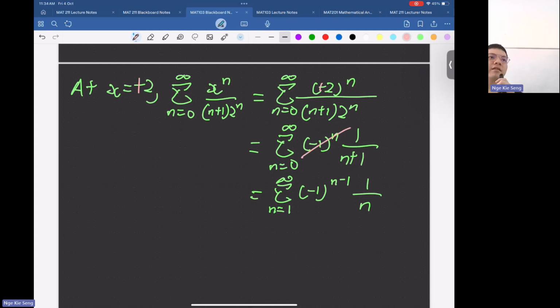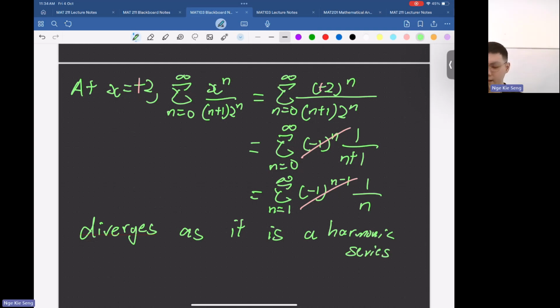I don't have the alternating sign already. But without the alternating sign, what's this? It's the harmonic series. So it diverges at the other endpoint, as it is a harmonic series.